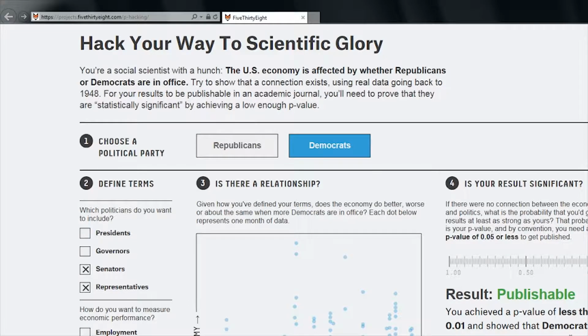There we are, just what we wanted. P is again less than 0.01, and Democrats have a positive effect on the economy when they are in Congress. So the more Democrats, the better the economy.